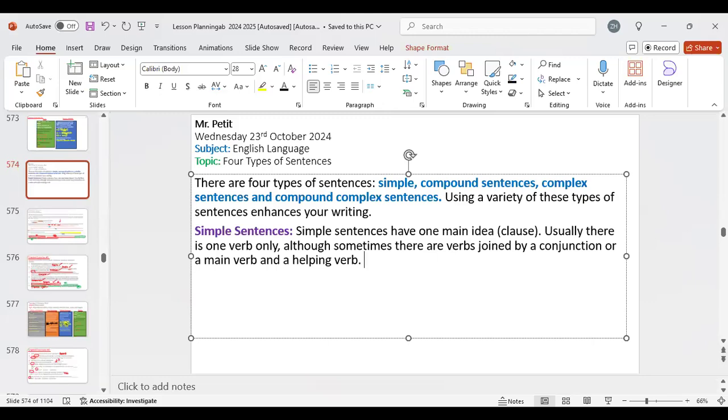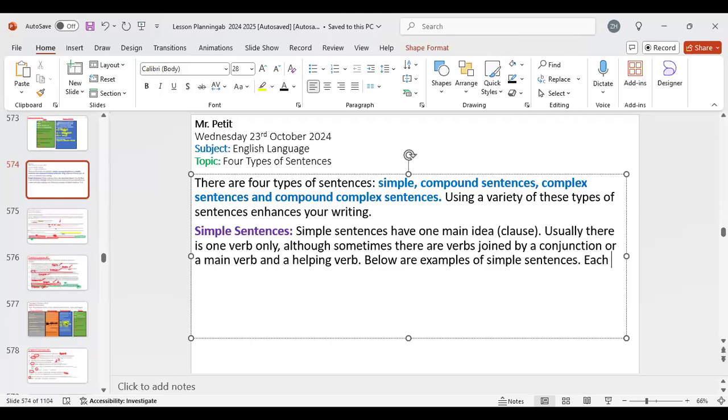So for example, below are examples of simple sentences. Now remember, a simple sentence is not a sentence unless it makes sense. So each one could stand on its own.